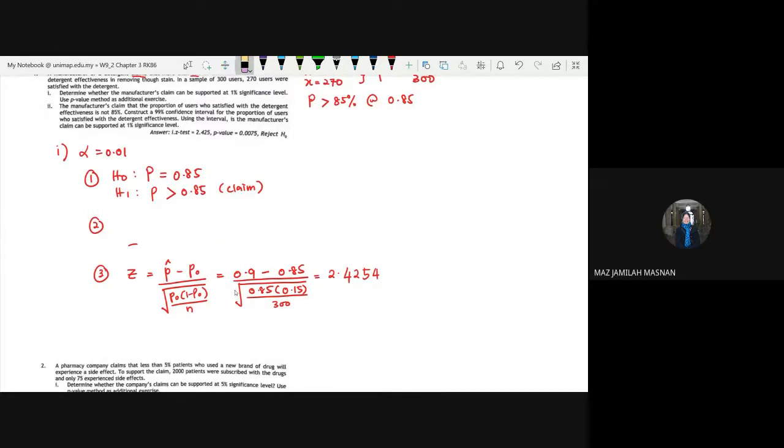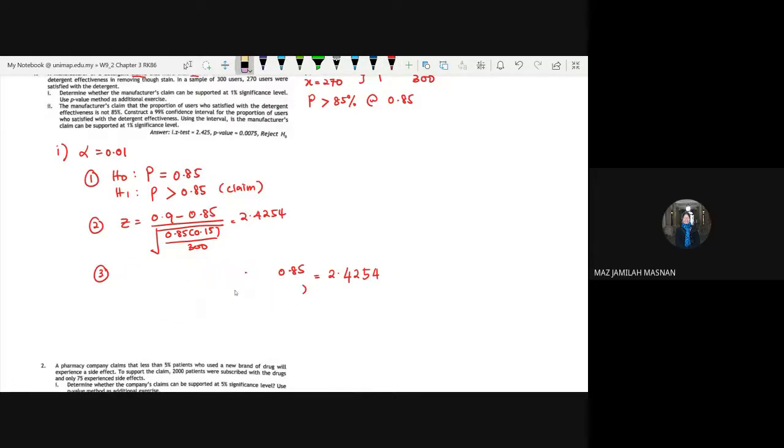So I quickly rewrite: z equals 0.9 minus 0.85 divided by the square root of 0.85 multiplied by 0.15 divided by 300. We got 2.4254.